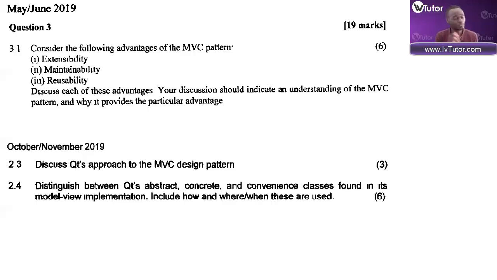If our problems are with presentation, we don't have to touch the controller or the model, we just have to look at what's happening in the view. If our problems are data related, we have to touch the model and we leave the view and the controller. So it makes it easier to identify problems because of the separation of responsibilities. Reusability, a model can be reused for different views, right? And so on and so on.